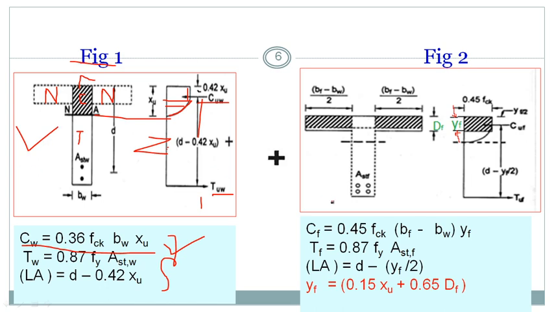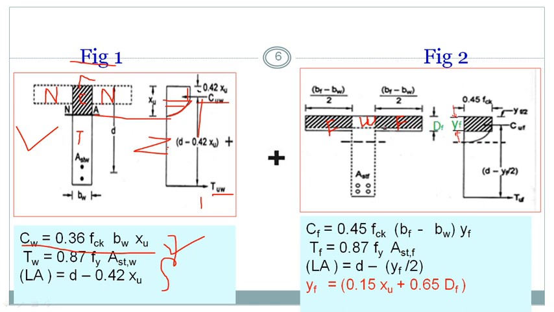Now, similarly, calculate the moment of resistance by omitting the web region and considering the flange portion. This is the flange, and these are the flange portions. These two portions I am considering for calculating the moment of resistance here. If you see, your flange is not fully stressed.